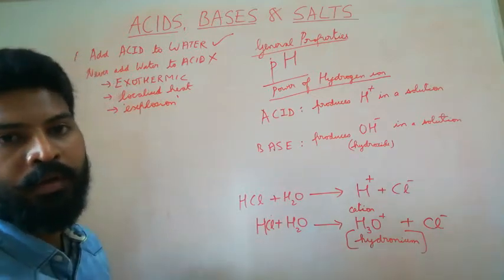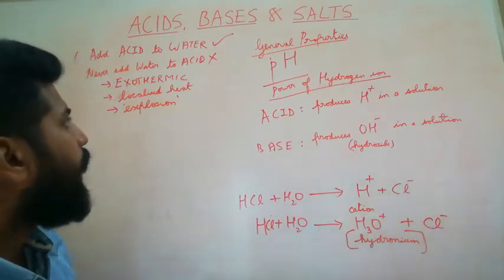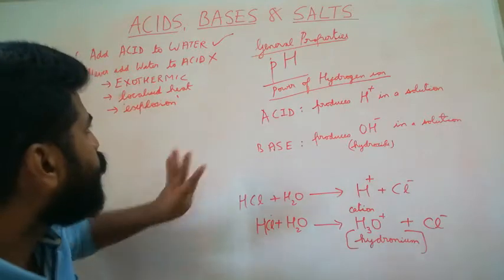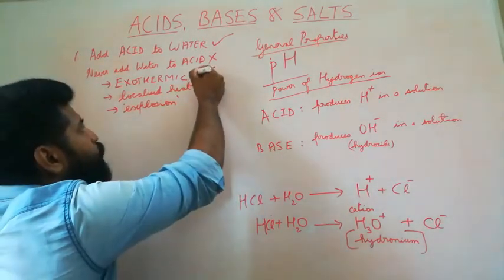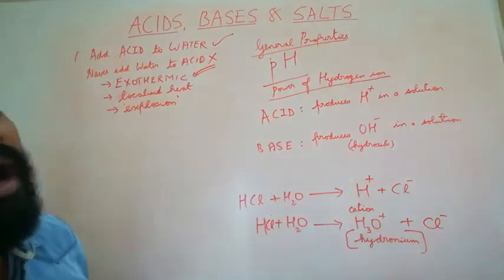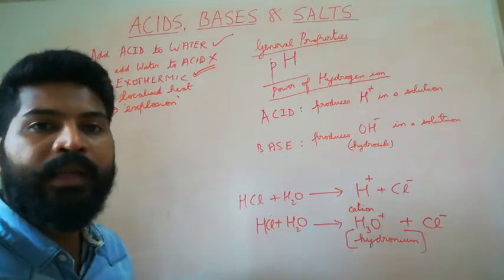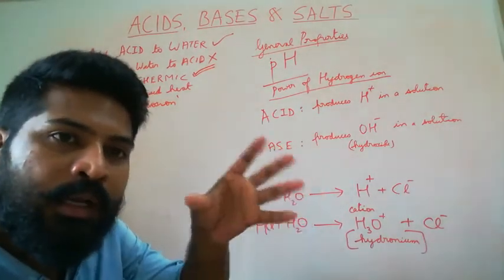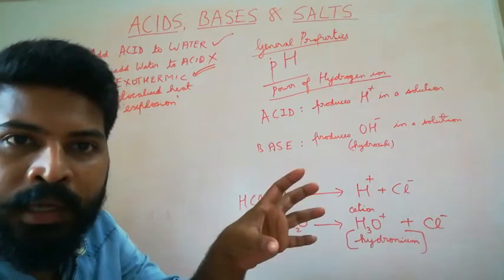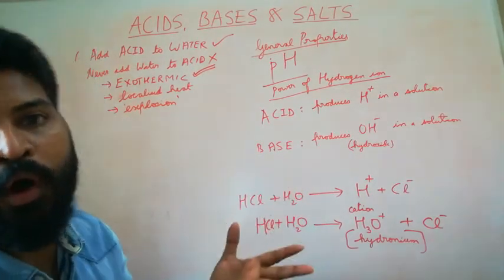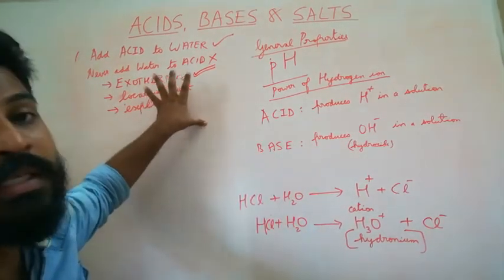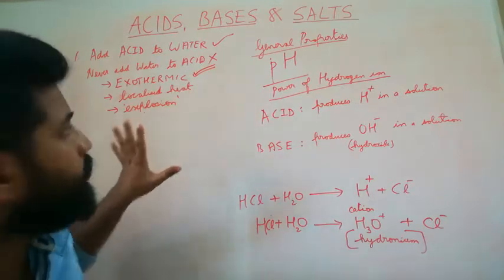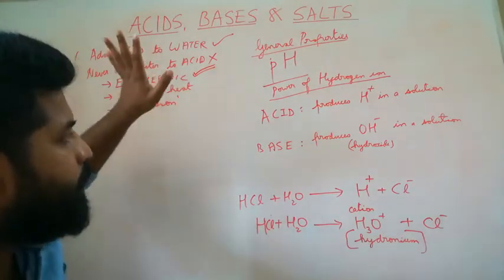Same goes for bases also. And adding acid to water and adding base to water are highly exothermic reactions. If you touch the external part of the beaker, it is so hot because it produces heat. So another point to remember.